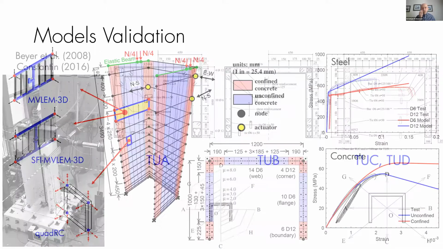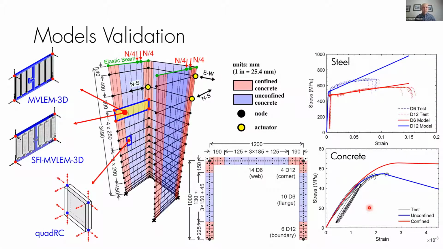So here's how we build these models, just a little bit of information about that. When we were talking about MVLEM 3D or SFI MVLEM 3D models, we used one element for each flange or web, and each of those elements was discretized in a number of fibers. And you can see what that fiber discretization looked like here.